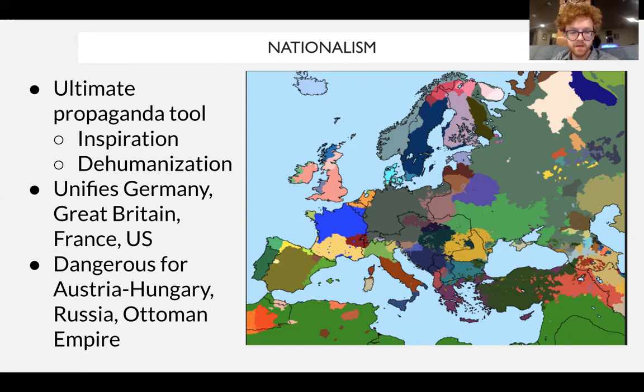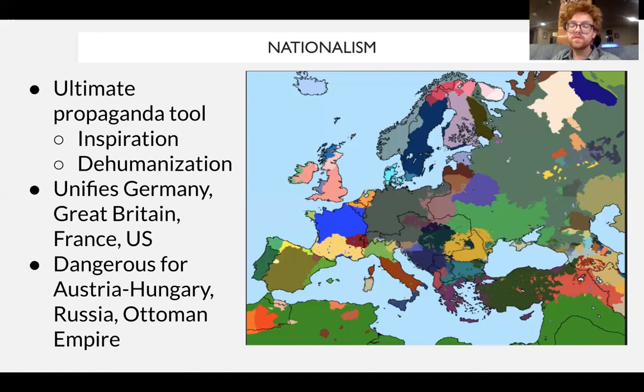internationally speaking? Well, nationalism in many ways is an idea of inspiration. This language of the fatherland and motherland, very gendered language, is going to be utilized in nationalist calls to support military action. But nationalism also assists in dehumanization.